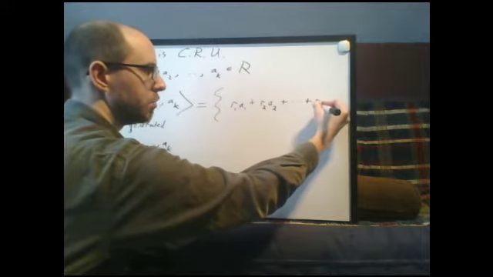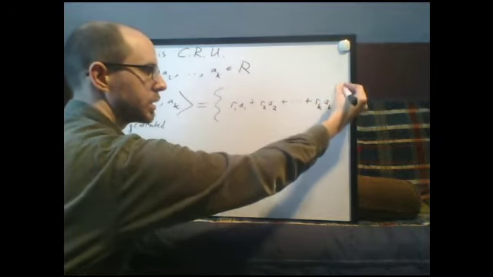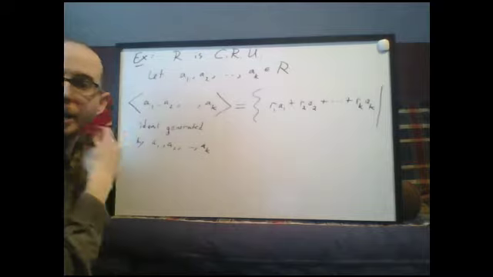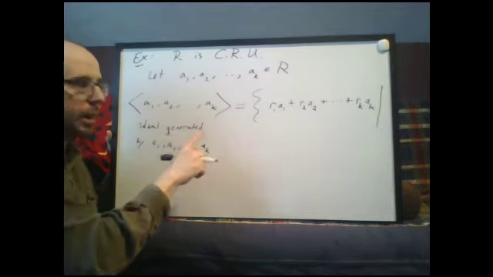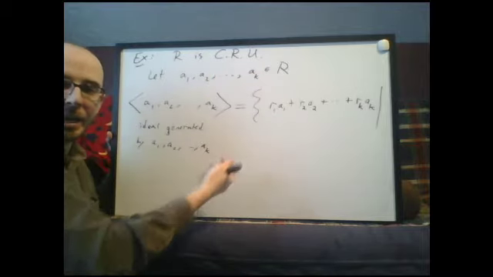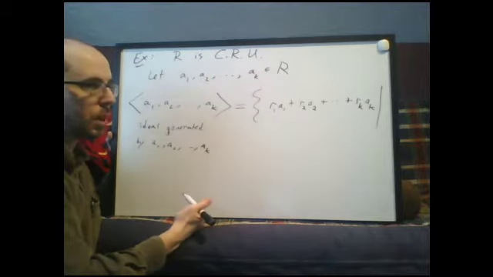So what this is going to be is the collection of everything I can obtain by multiplying A's by elements of R and adding up those products.